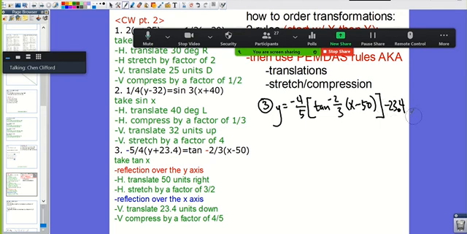Oftentimes, they're going to give you number 3 not looking like this. They're going to give it to you looking like this. Which is fine, because they're just basically trying to confuse you.